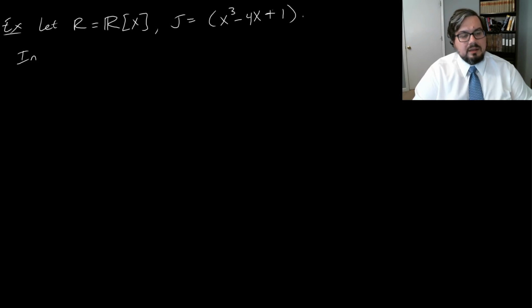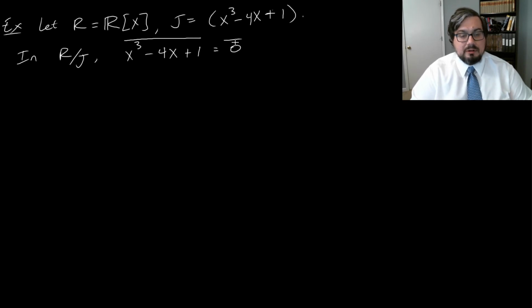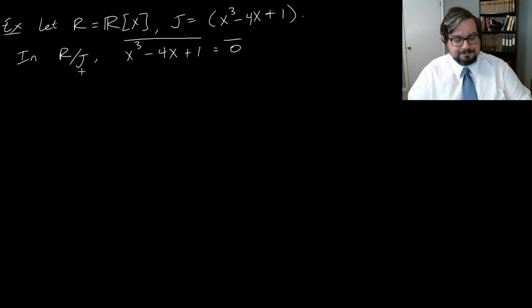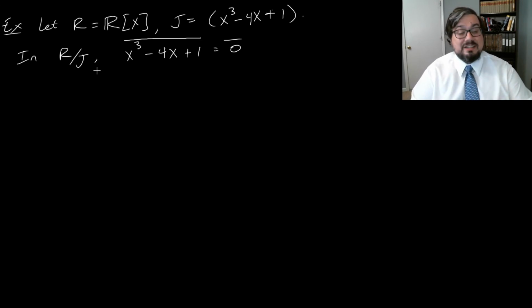Now, in R mod J, we have that x cubed minus 4x plus 1 equals 0, because x cubed minus 4x plus 1 is in J.